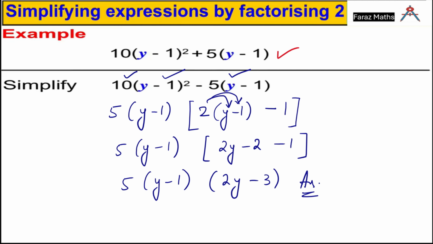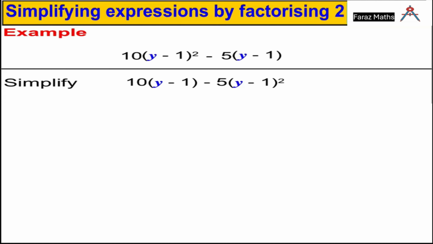Okay, coming to the next one. So we already did this one, 10 bracket y minus 1 whole square minus 5 bracket y minus 1 in the last slide. So again, you have to do the same thing. You have to take the HCF in between 10 and 5, which is 10 in between y minus 1 to the power of 1 and y minus 1 to the power of 2. Y minus 1 to the power of 1 is the HCF, and then make the bracket.